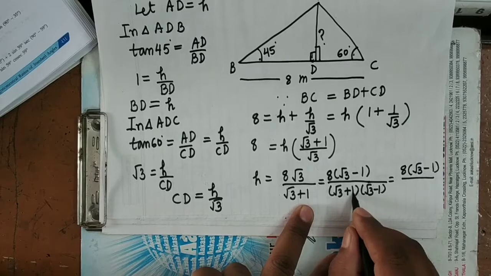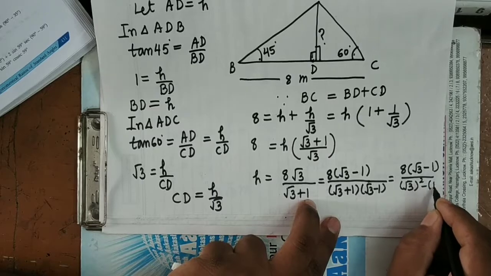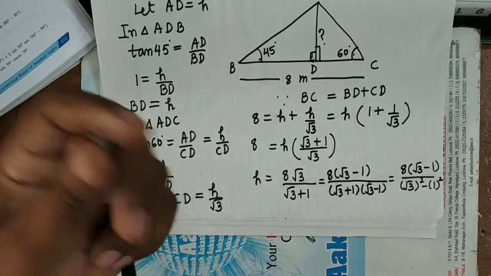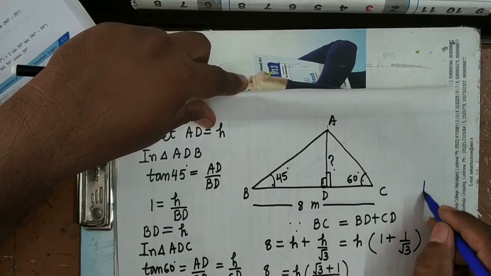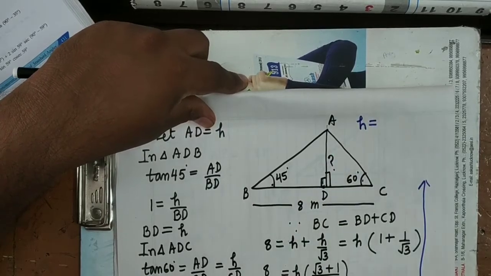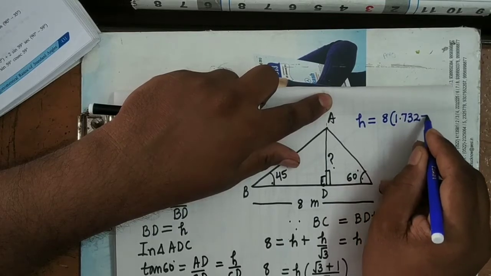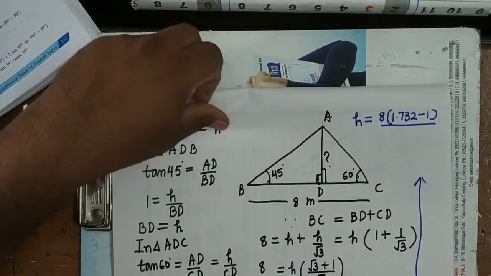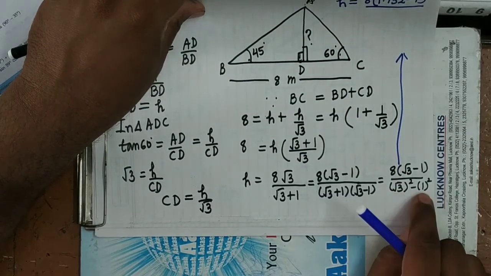Here in the denominator, a plus b into a minus b, that is root 3 whole square minus 1 whole square. You can see here root 3 whole square is 3, 1 whole square is 1, 3 minus 1 is 2.